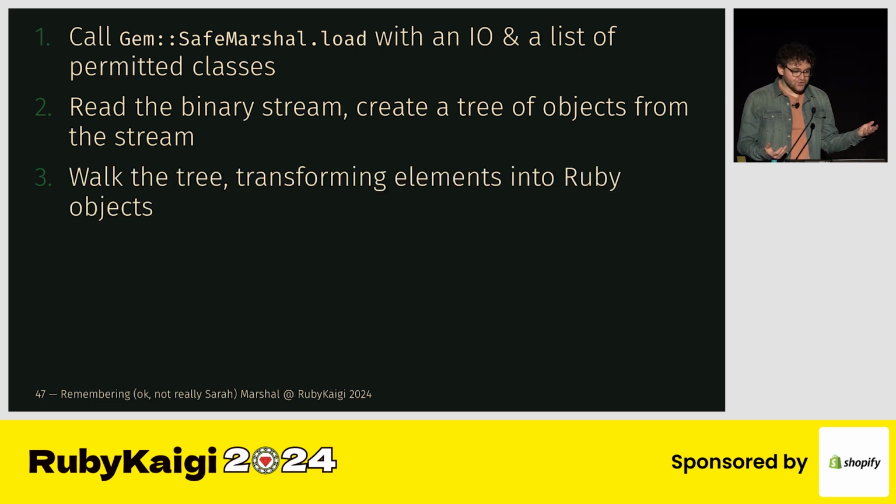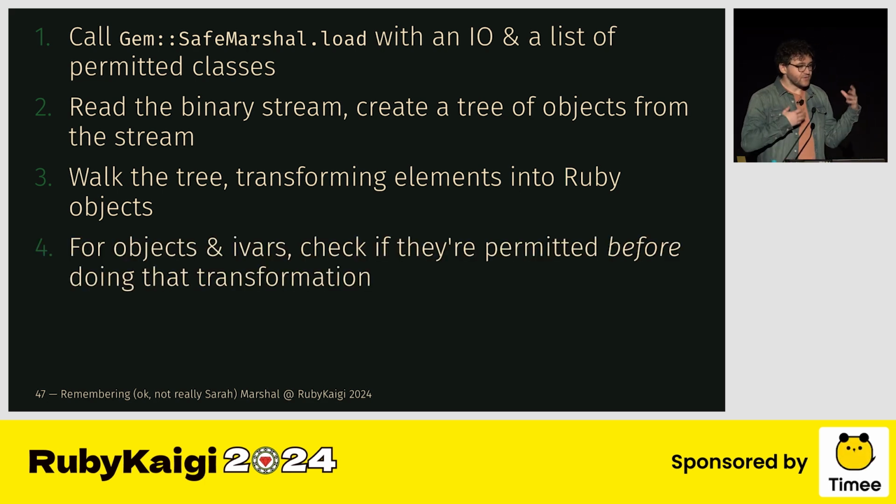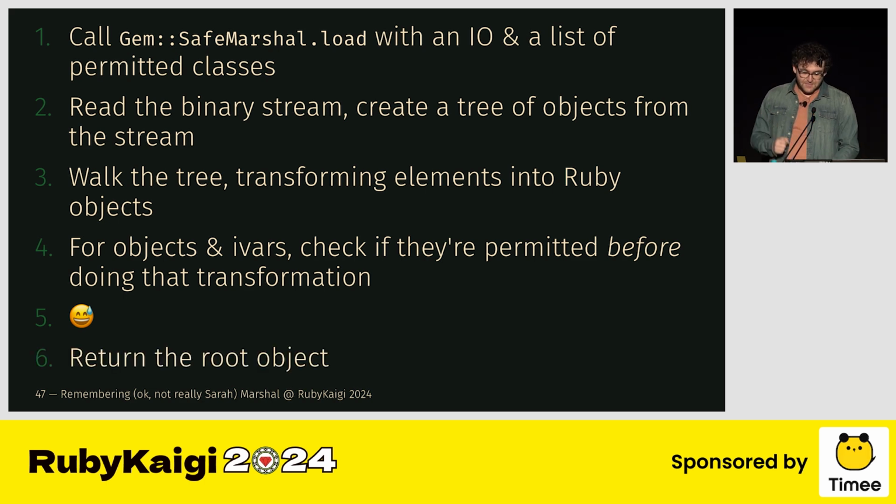We then walk that tree, transforming each of the elements in it into Ruby objects. And for objects in ivars, we check, are they permitted? And we make that check before we do that transformation. We then sort of close our eyes and hope we did it all correctly, tap our heels 3 times, and return the root object in the document.